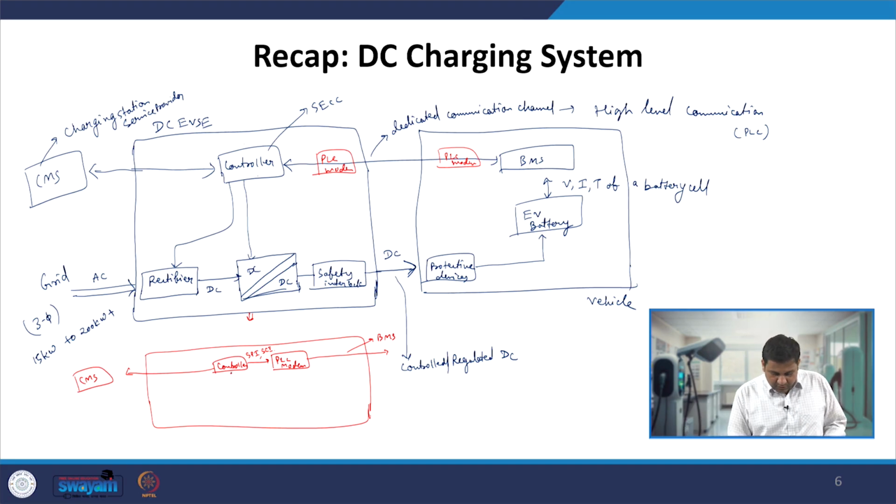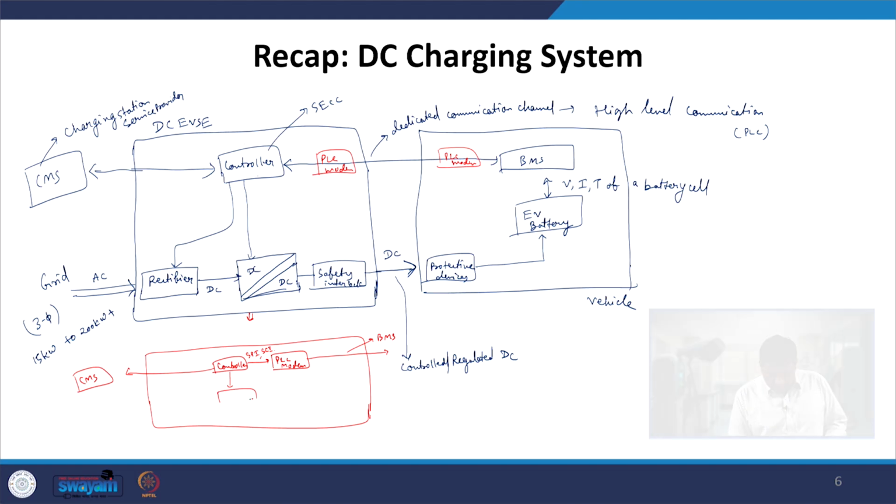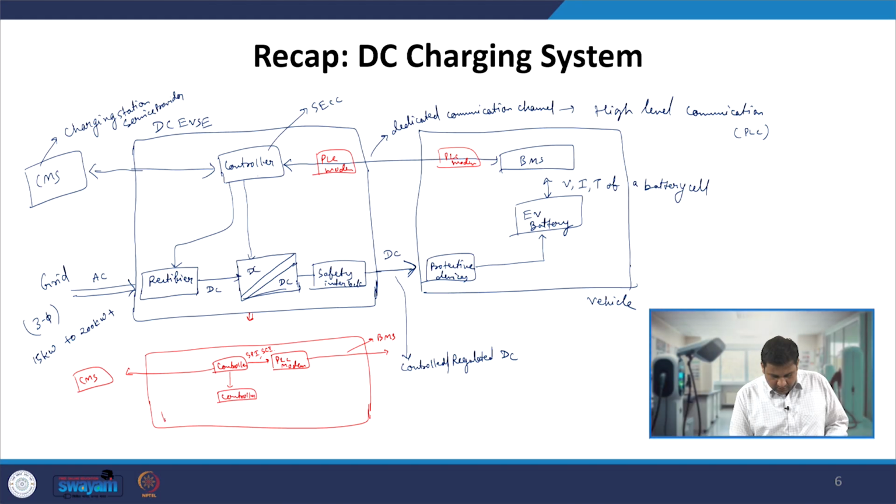This controller will then be communicating with another local controller, which controls the rectifier, or AC to DC converter, and the isolated DC to DC converter, and also controls the safety interlocks.